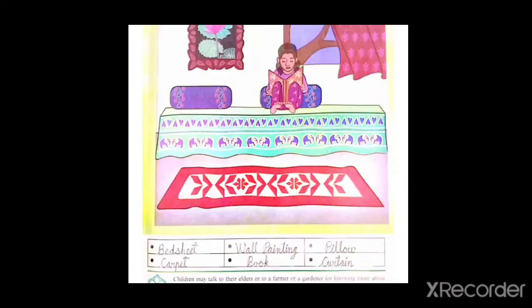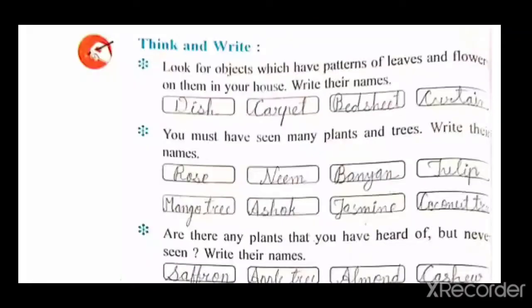Now turn your page. Now look for objects which have patterns of leaves and flowers on them in your house. Write their names: dish, carpet, bedsheet, curtain. Now you must have seen many plants and trees. Write their names: rose plant, neem tree, banyan tree, tulip, mango tree, ashok tree, jasmine plant, and coconut tree.